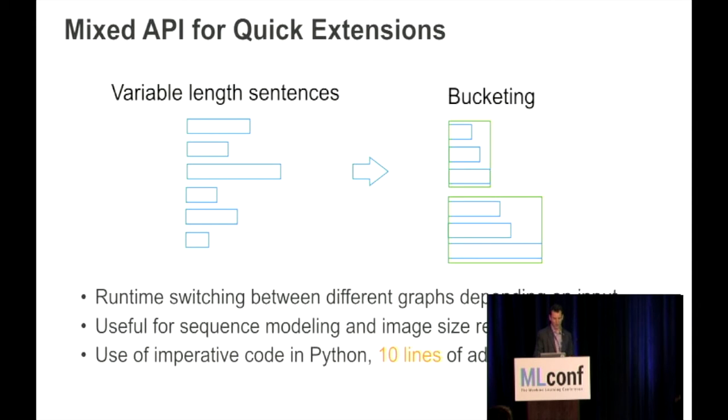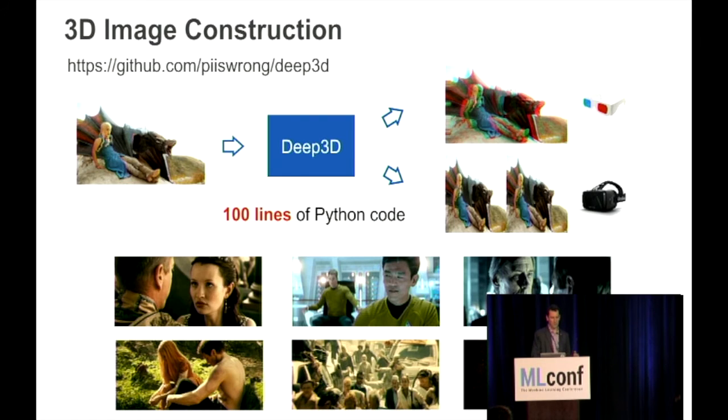That's your declarative part. Or if you want to do fun things like 3D reconstruction, well, it's like 100 lines of code. You should check out the GitHub repository for that, and then you can turn your standard 2D images into 3D.